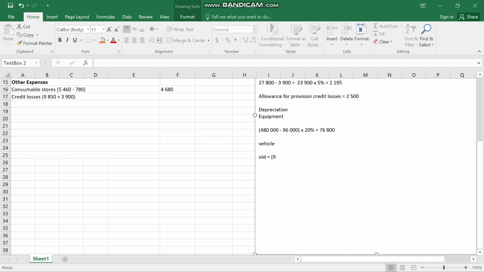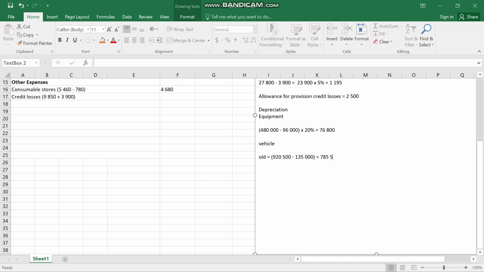So it's 920,500 less 135,000, which gives you the old vehicle. This was the amount of the vehicle on December, guys, so don't get confused if you see this amount.